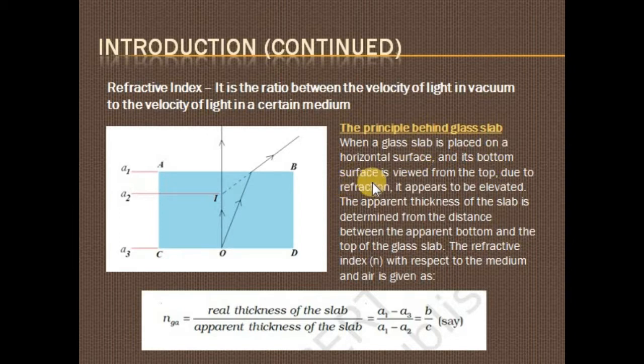Now if you look at this picture, you will find that this is the glass slab. ABCD is the boundary of the glass slab, and O is the object which is below the glass slab.